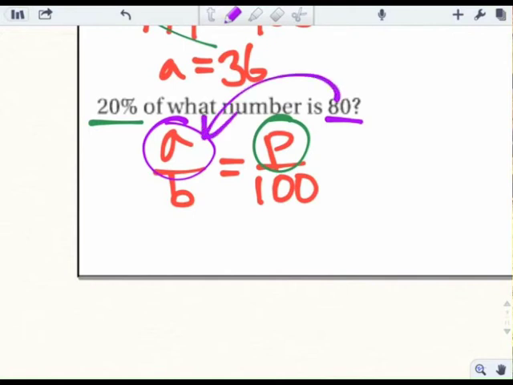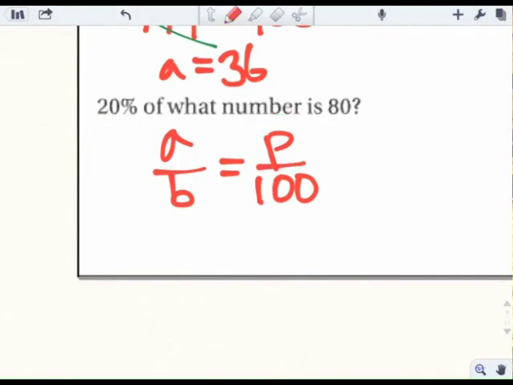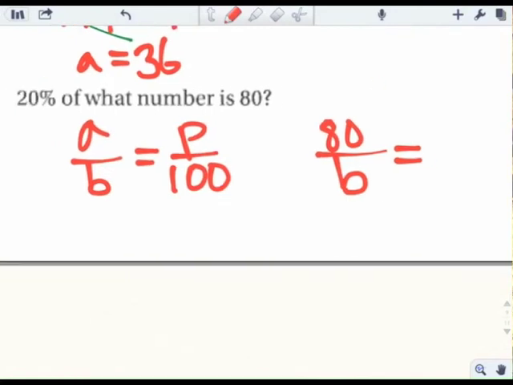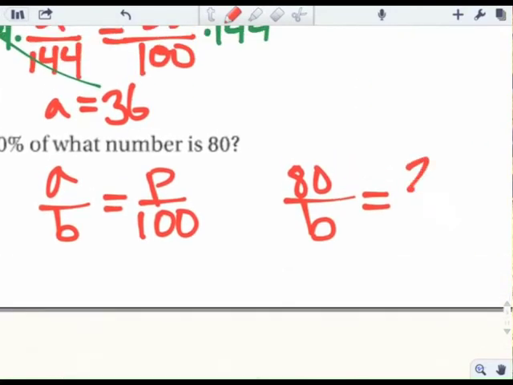So now we're given the part, and the percentage, and we're asked what is the total. So let's plug these numbers in. A is 80, and we are dividing that by the unknown, the unknown total. And this is going to be equal to P, which is 20%. We're dividing that by 100.